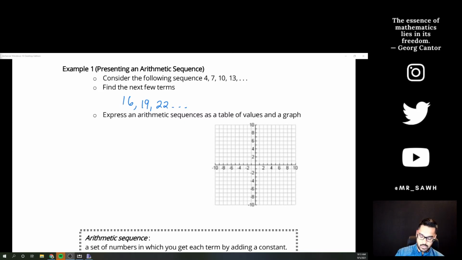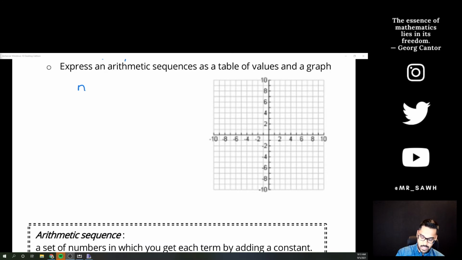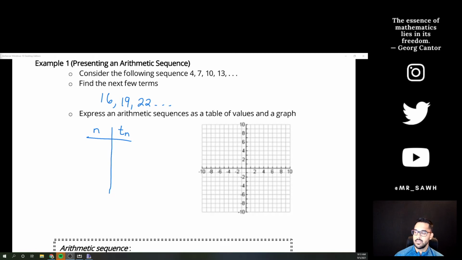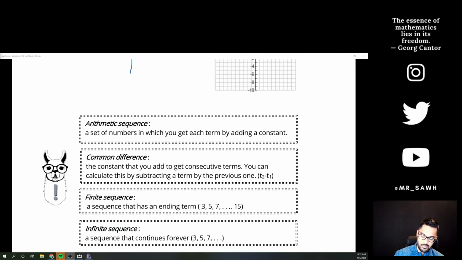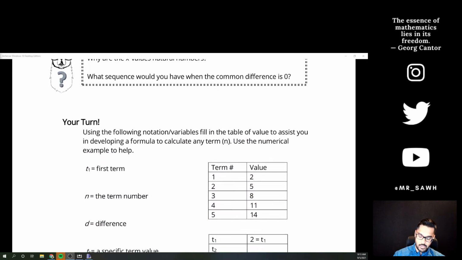So we'll make a little table of values here. I'll put n on one side and tn on the other. We'll talk about what those mean in just a second. As you can see, you've got a list of definitions down below, and on the other side here too.